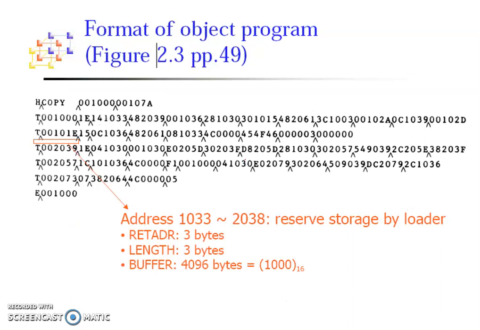So this is the object code format, in which there is a header record, text record, and end record.